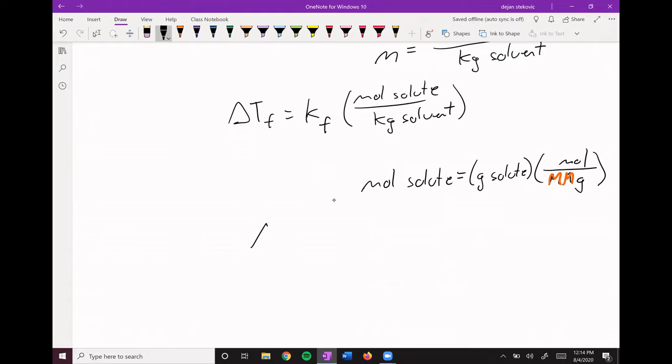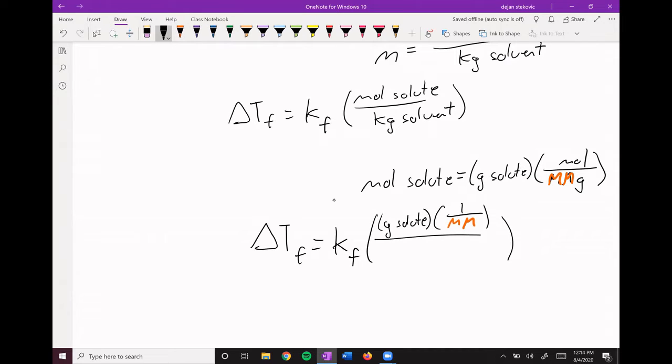We can plug that into the equation. And now our equation is Kf times the grams of solute times 1 over the molar mass, all divided by your kilograms of solvent.